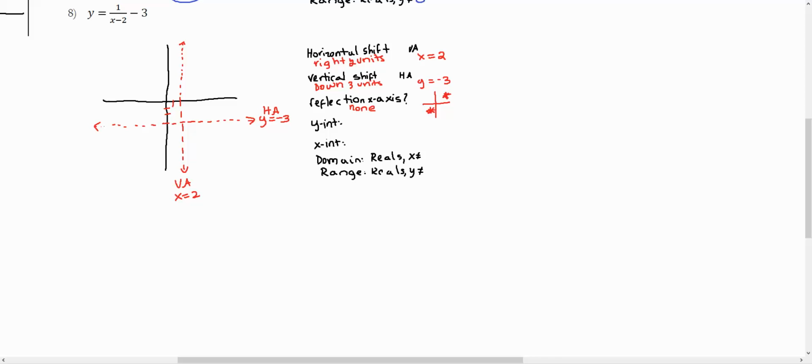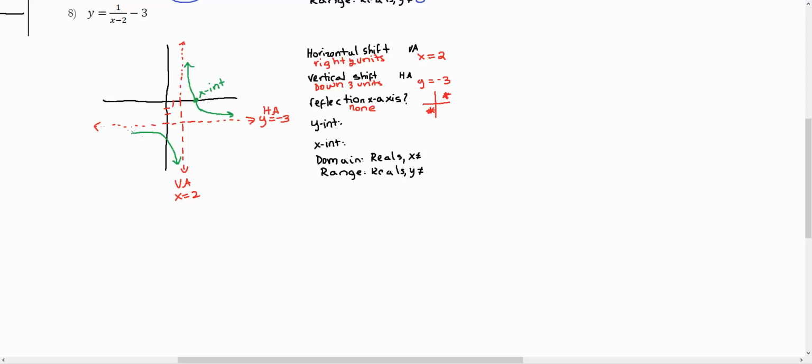Now we sketch the curve, and remember we said it exists in quadrant 1, and you're focusing on the dashed lines, right? So the function is going to approach this one and this one. And immediately you should notice that this time we're crossing the x-axis. So it's an x-intercept, and it's also going to be in quadrant 3.